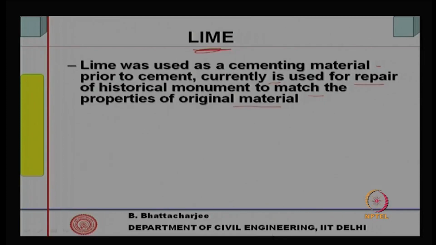So, lime has been in use as a construction material much before cement was invented. It is reported to have been used something like 7,000 years back, as reported by Professor Arnon Bentur in one of his articles around 2001. So, this has been used for 7,000 years.